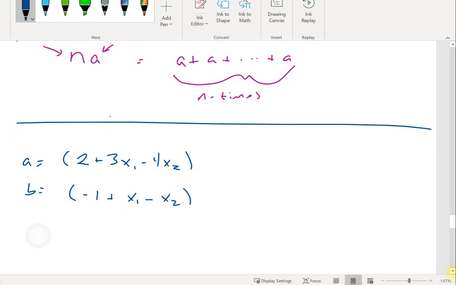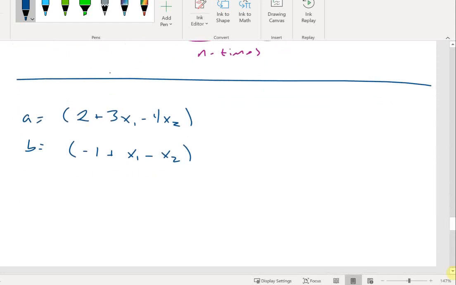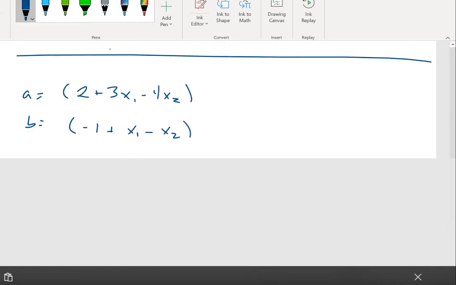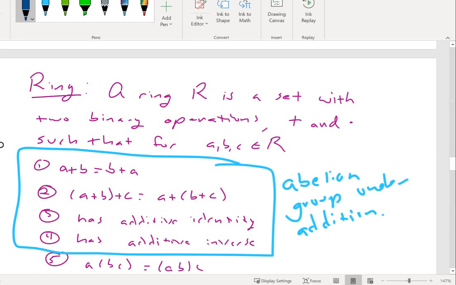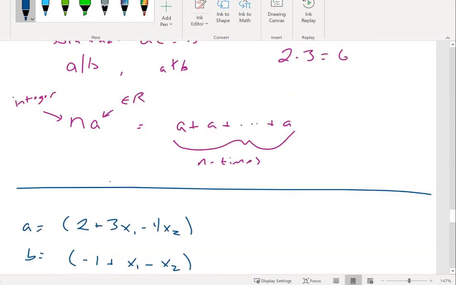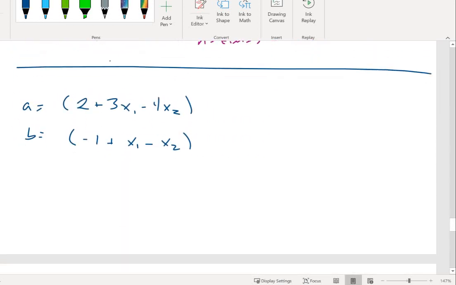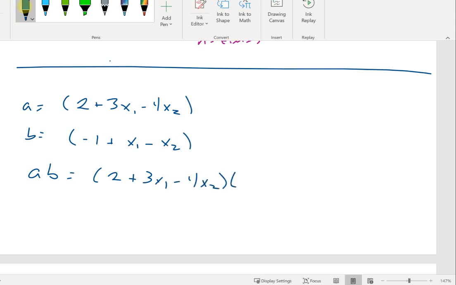But then if we did something like 3A, so the ring multiplication AB is just your typical multiplication where you distribute everything out. Okay?